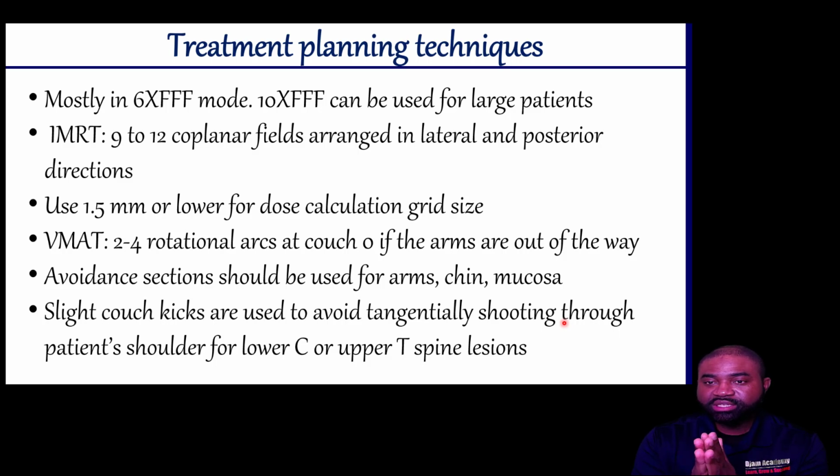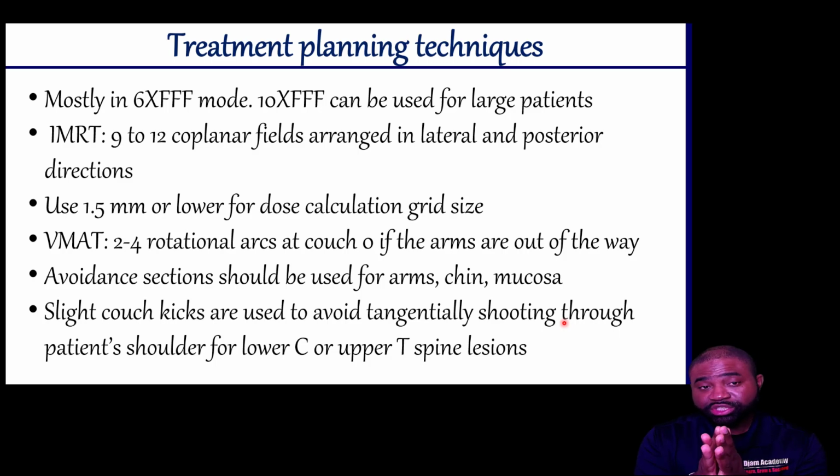This means that the treatment time is drastically reduced, and this is very important as 95% of patients with spinal tumors are experiencing some sort of pain, and it makes it really hard to lie down straight and for a long period of time on the treatment table.